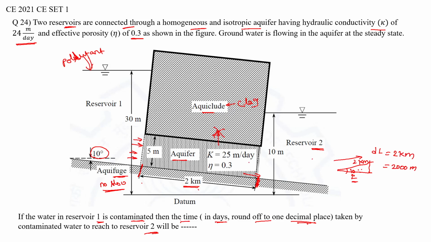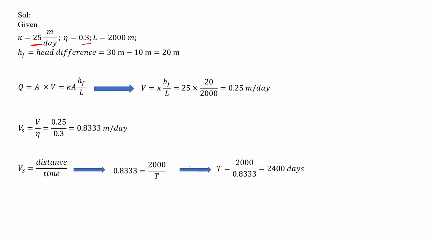Keep that in mind. So K is given, porosity is given, L is given, and this is 5 meters. The perpendicular distance can be assumed as 1 meter, but in this case it is not necessary. When we calculate the discharge, we may require the cross-sectional area details, but our aim is to calculate the time. Here we'll deal with the velocities only.